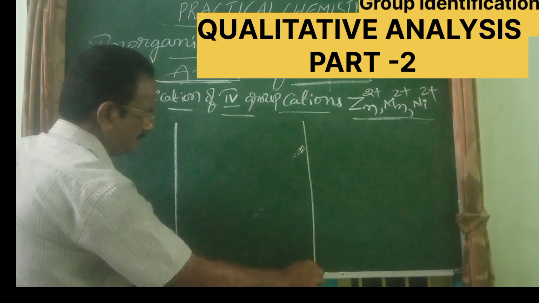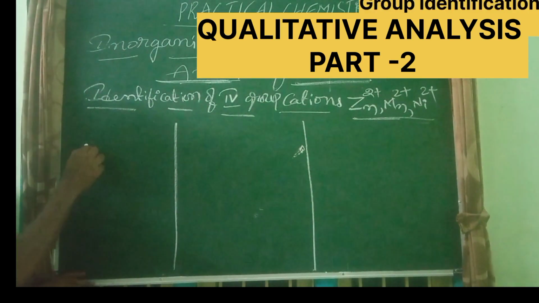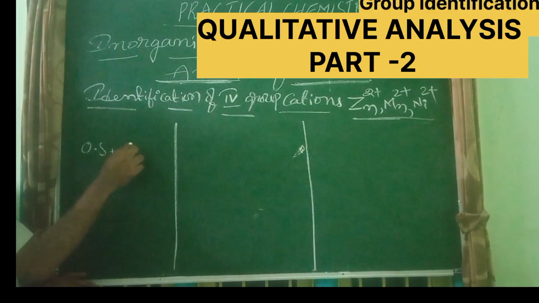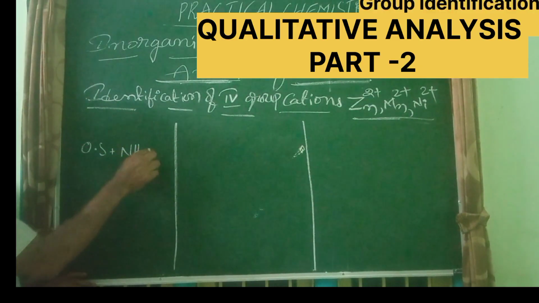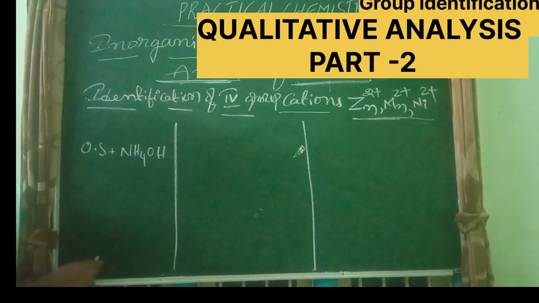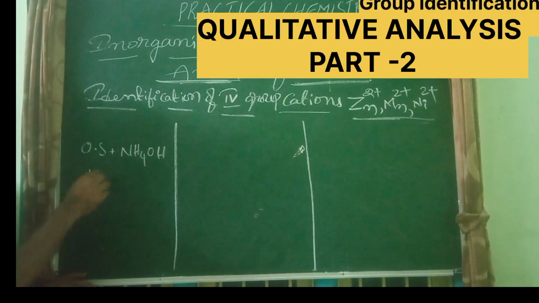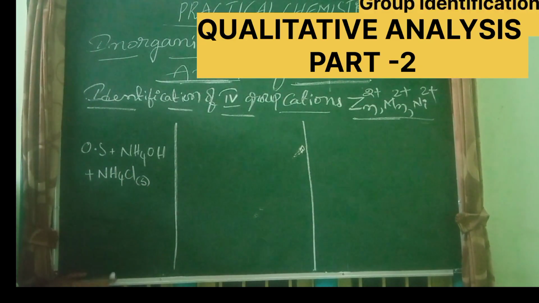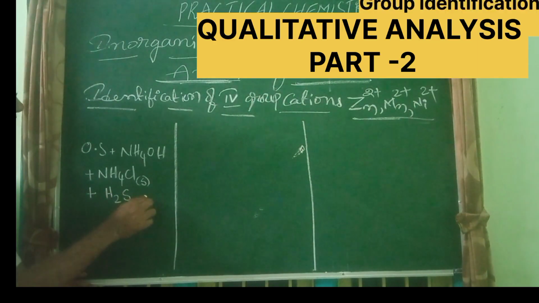At first original solution is to be taken and then it is added with NH4OH, ammonium hydroxide, this is usually aqueous solution, and then it is saturated with NH4Cl, this is solid. And then this is added with the H2S gas.